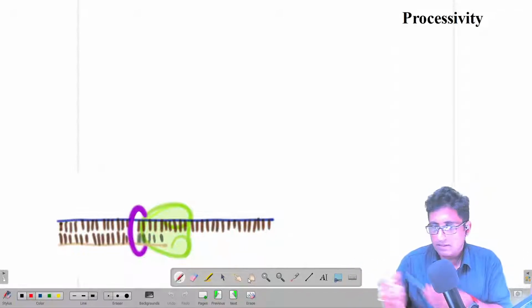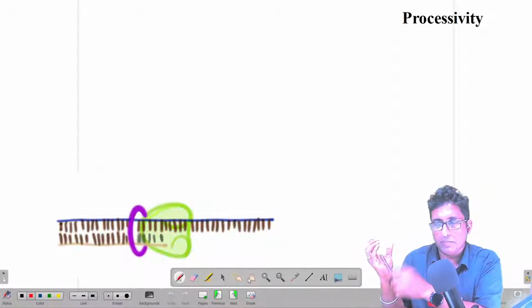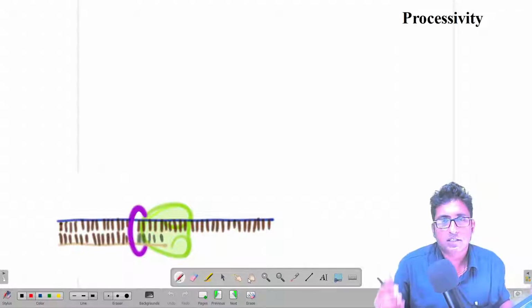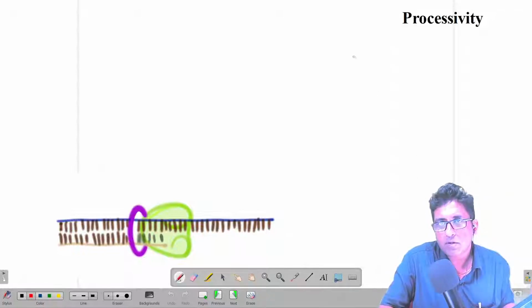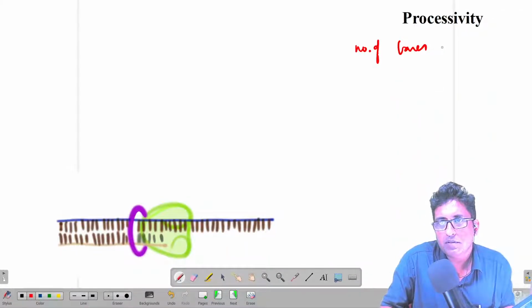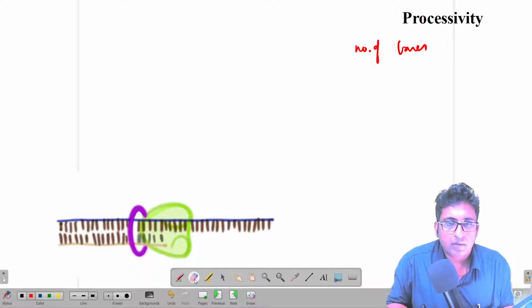In that case, the DNA should be bound with the enzyme, and processivity is the term used. It is the number of bases added, or number of reaction cycles performed, before detaching from the DNA molecule.